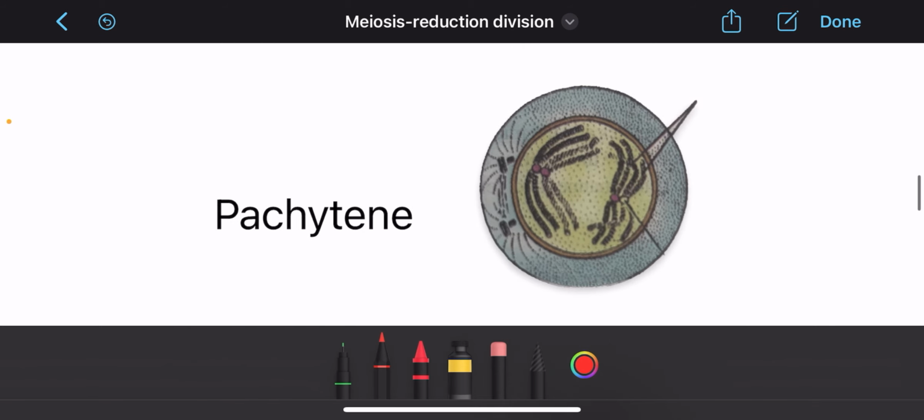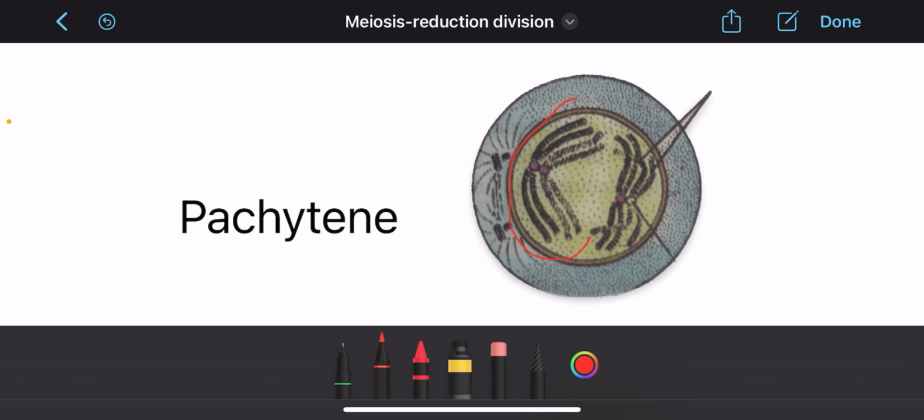In pachytene, the chromosomes become paired and twisted and cannot be distinguished. In this stage, crossing over takes place at different points in the chromosome. This involves mutual exchange of genetic material and therefore leads to variation among the generations. That means the biological parents are different from their children and the biological siblings are different from each other.